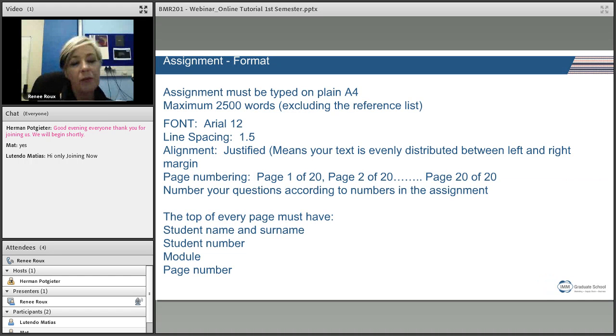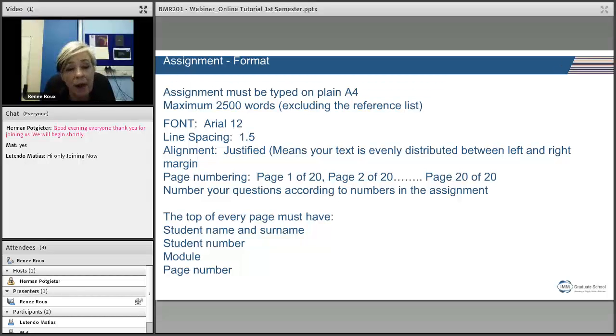The format of your assignment. Your assignment must be typed, not handwritten, on a plain A4, maximum 2,500 words, excluding your reference list, which will be at the end of your assignment.